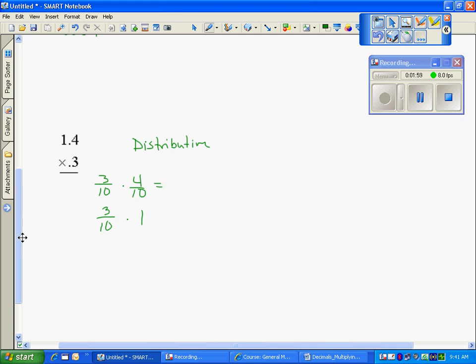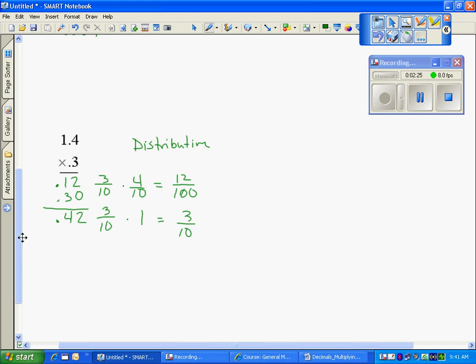So multiplying, I get 12/100ths and 3/10. Writing it in decimal form, 12/100ths and 3/10. Lining up my decimals, adding my hundredths place, adding my tenths place, and bringing down my decimal.